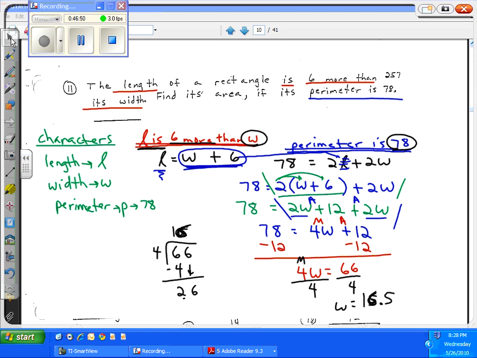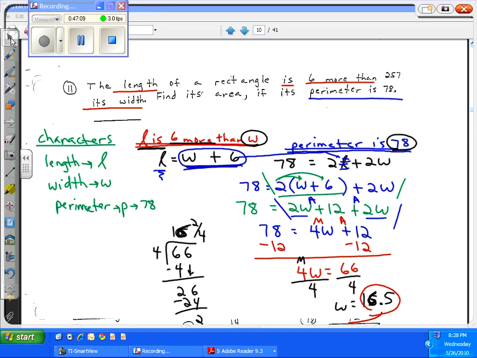So 6 times 4 is 24 with 2 left over. You could put your remainder 2 over your divisor 4. So 16 and 2/4 is 16 and a half, or 16.5. Okay. So the width is 16.5.